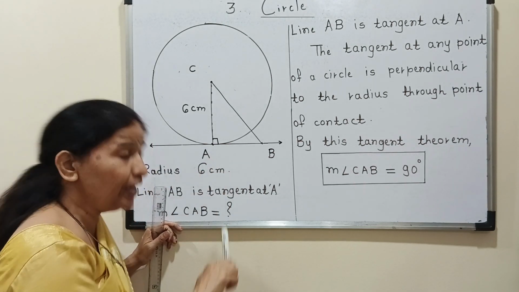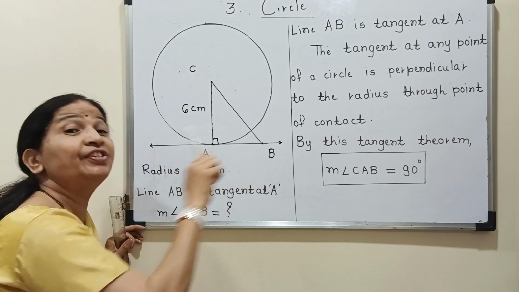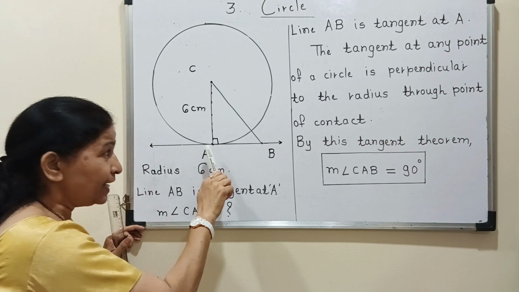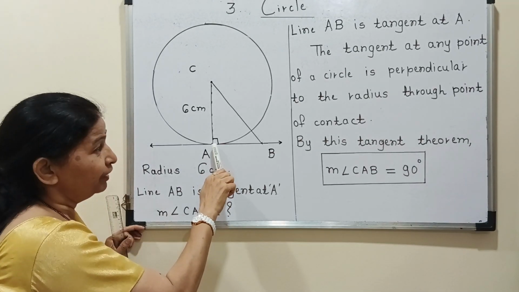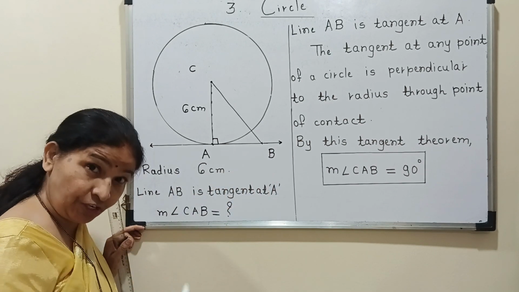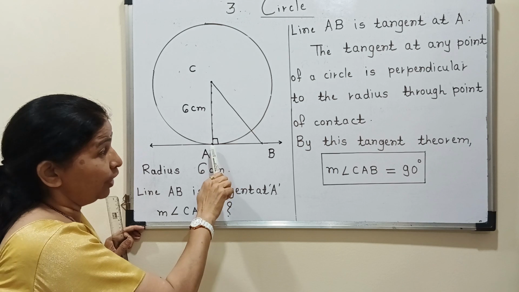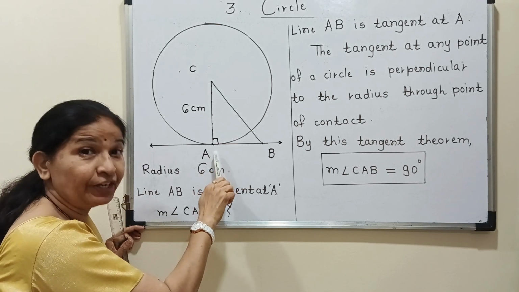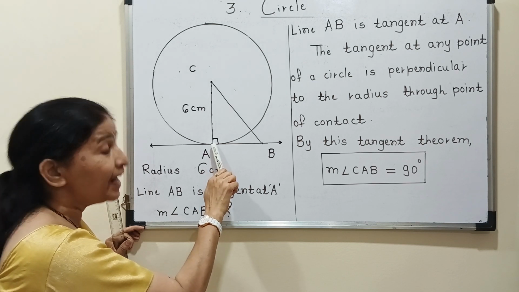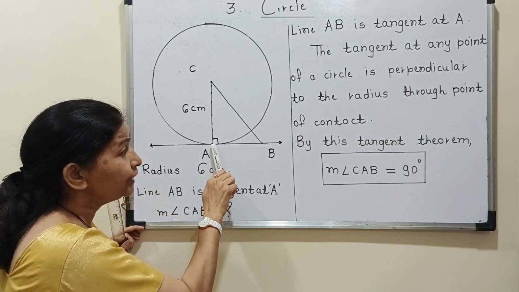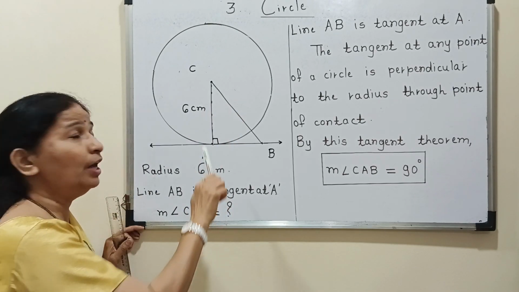Means this theorem says that if AB is a tangent and A is the point of contact, this tangent is touching the circle through this point, no? So A is the point of contact. And if we are drawing a radius through this point of contact, have we drawn?